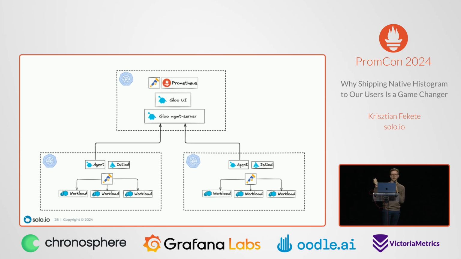You can see that in the workload cluster, we have an OpenTelemetry component. That's an OpenTelemetry collector, our special distribution, that is collecting logs, traces, and metrics from the workloads. Then these are pushing this telemetry data to another OpenTelemetry collector, which is deployed as a gateway in the management cluster. And this is needed because our management plane is basically providing a way to visualize a service graph based on metrics.